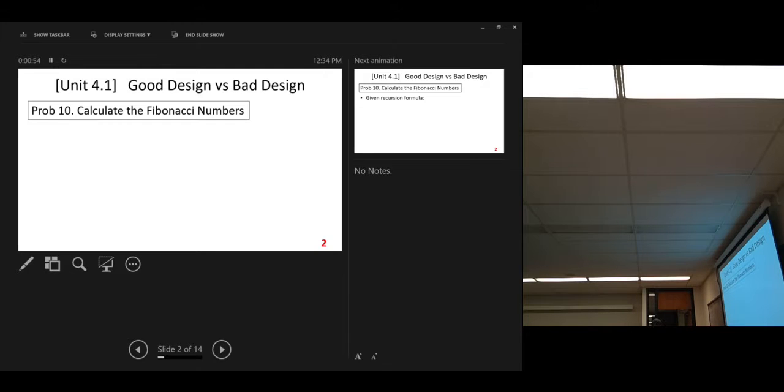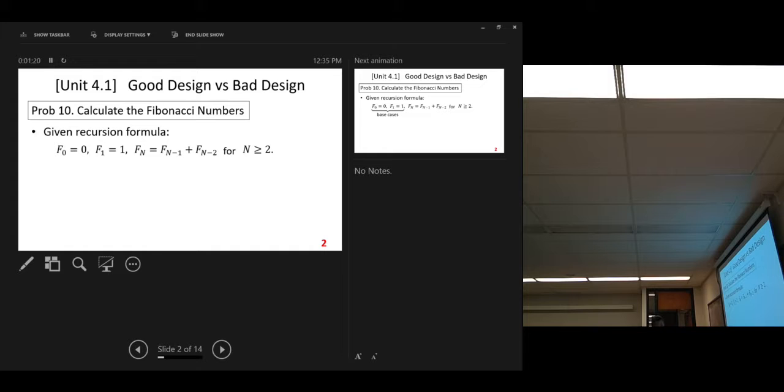The problem is a simple one, Fibonacci numbers, very famous numbers, given by a recursion formula. So this is the recursion formula for the Fibonacci numbers. The first two, the base cases, are given, then we have that simple recursion.